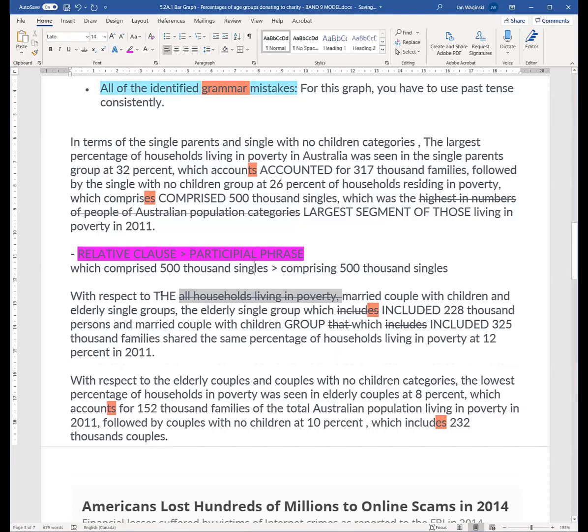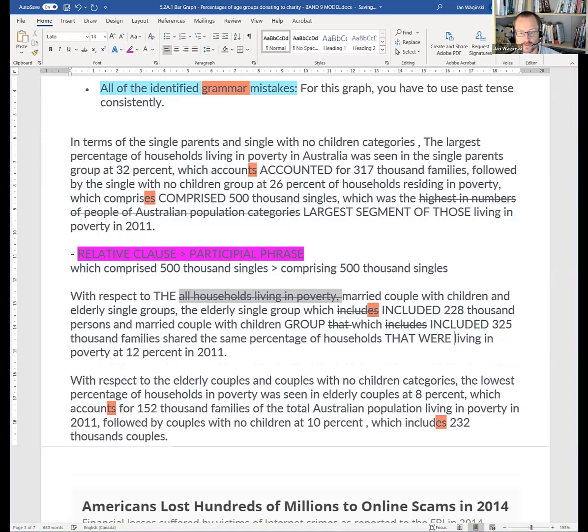Is this "living" a participle phrase, like "including living"? Yes, good noticing, because this is short for "that were living."